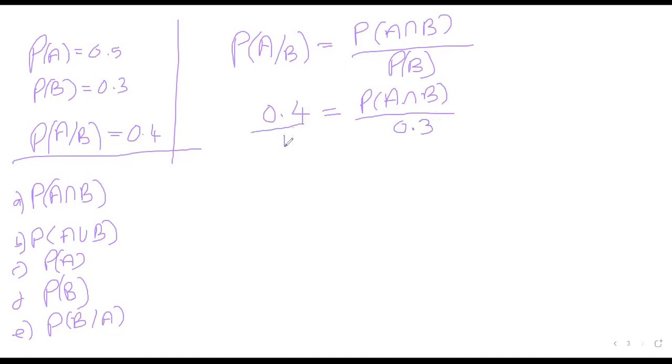So we cross multiply, and that will give us 0.12 as our A intersection B, because you multiply 0.4 by 0.3. Okay, great.